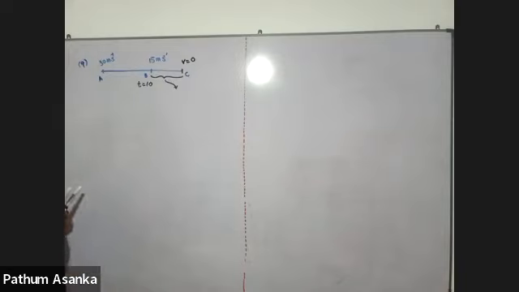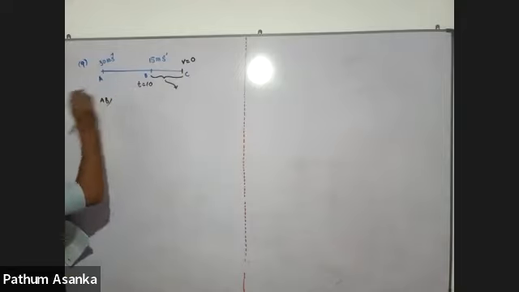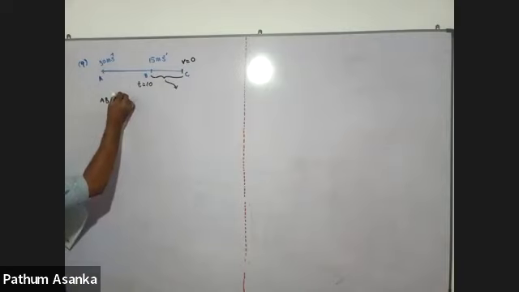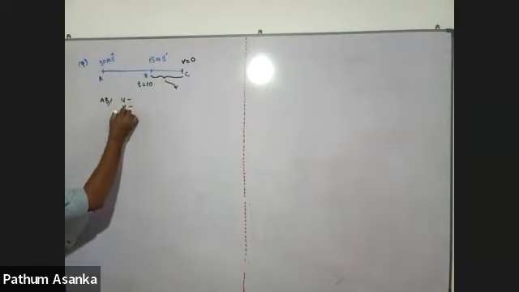Now I am going to apply an equation for AB to find out the acceleration, right? What are the terms that you know regarding the AB motion? You know the initial velocity, the final velocity, and the time. So then you are able to find the acceleration.